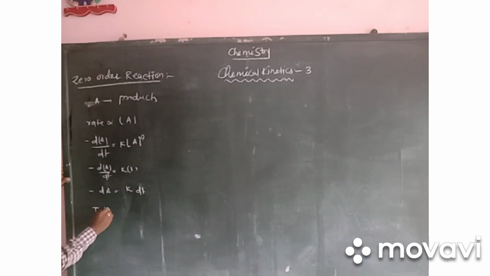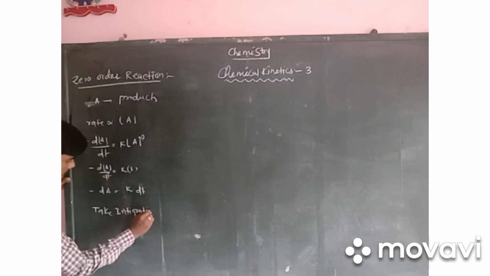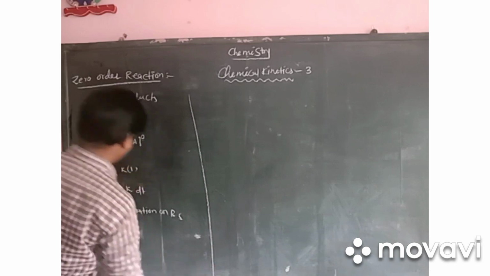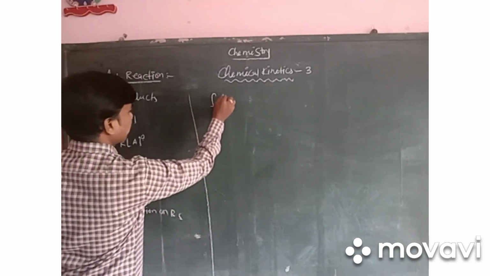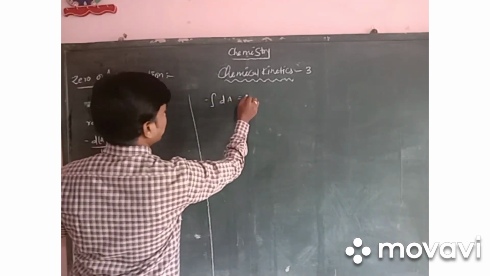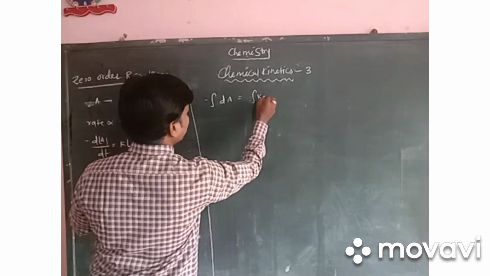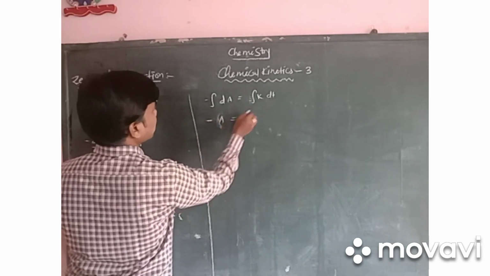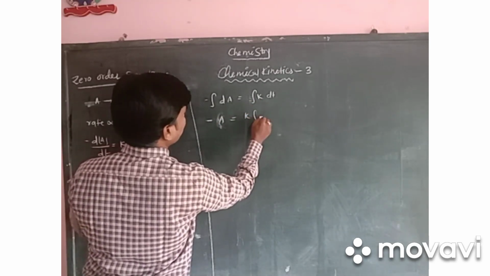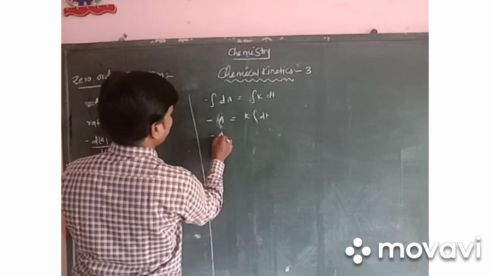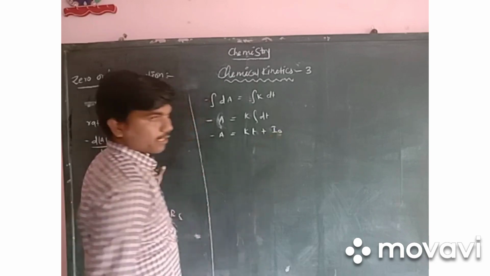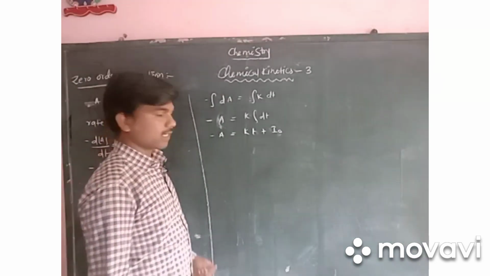Now take integration on both sides. So integration of dA is equal to integration of k into dt. Integration of dA is nothing but A, k is a constant here, and integration of dt is t. So minus A is equal to k into t plus I naught, which we call the integral constant.